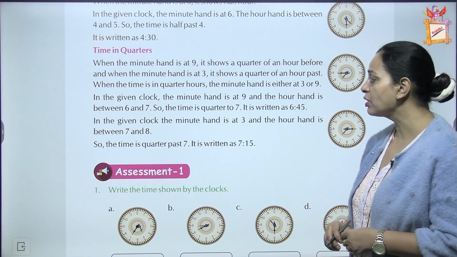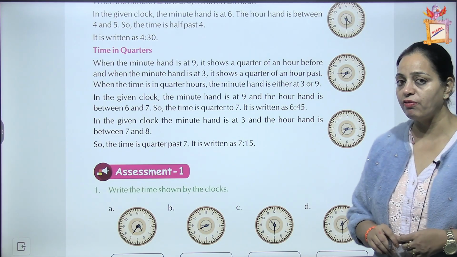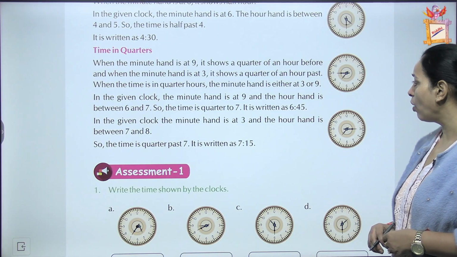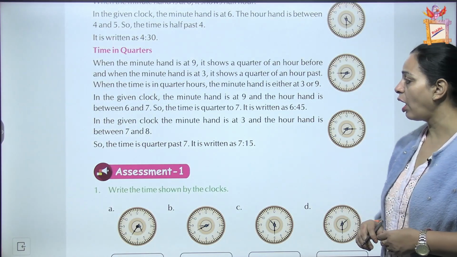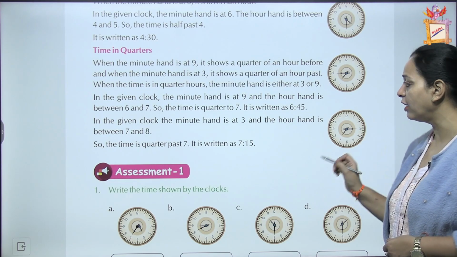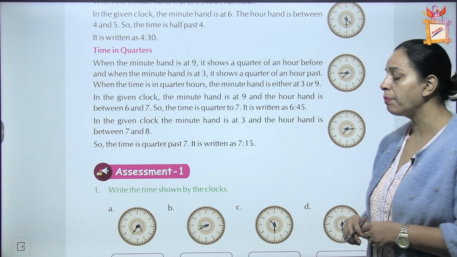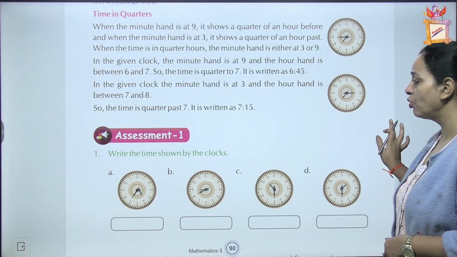So the time is 6:45. It is written as 6:45. Okay. Now in the given clock, the minute hand is at 3 and the hour hand is between 7 and 8. So this is 7:15. Right? I hope this is clear to you.